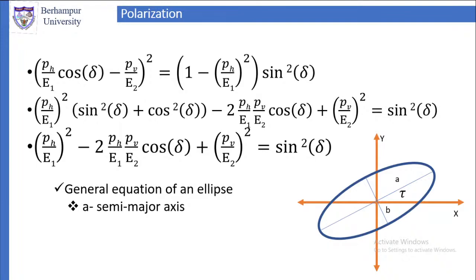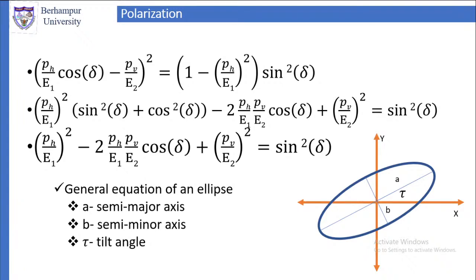So it has semi-major axis A. The semi-minor axis is B. A and B are orthogonal to each other. In general, A will be tilted with the x-axis. In particular cases, A is aligned with the x-axis, but A is tilted with the x-axis, making an angle tau. Therefore, tau is called the tilt angle of the ellipse.